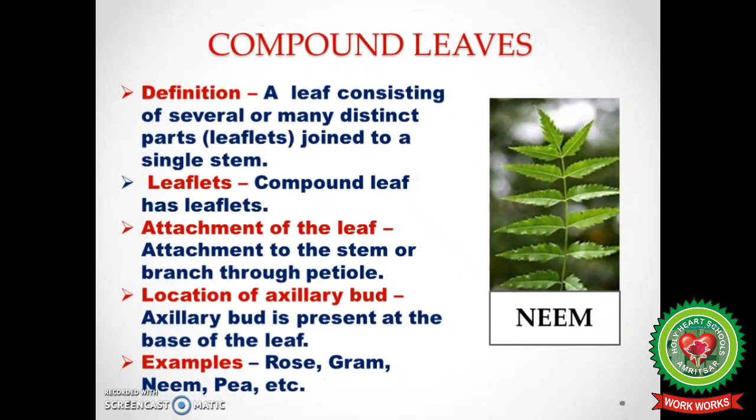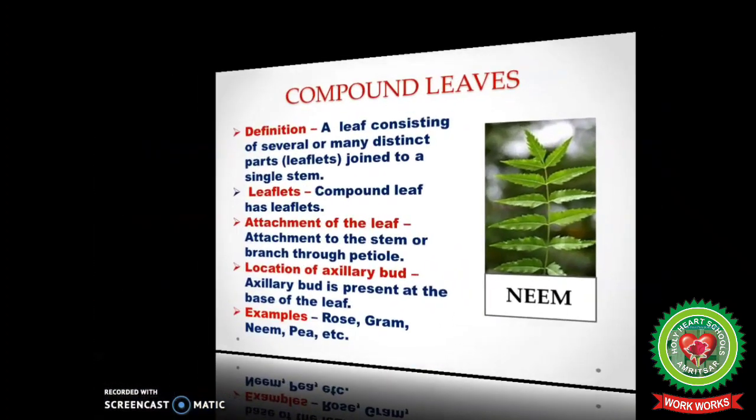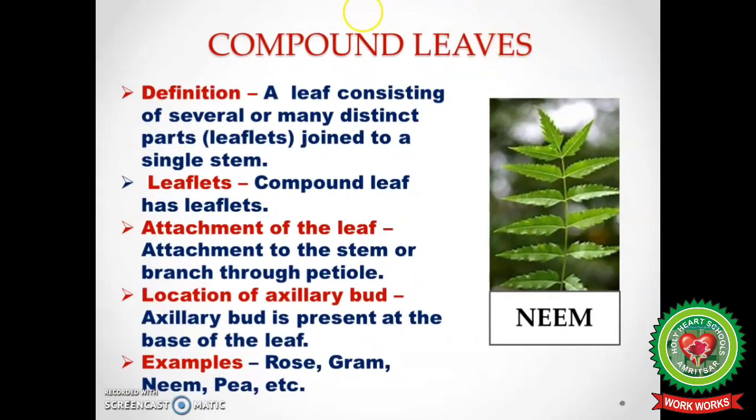Now come to the second type, compound leaves. In compound leaves, a leaf consists of several or many distinct parts joined to a single stem. Leaflets. Compound leaf has leaflets.